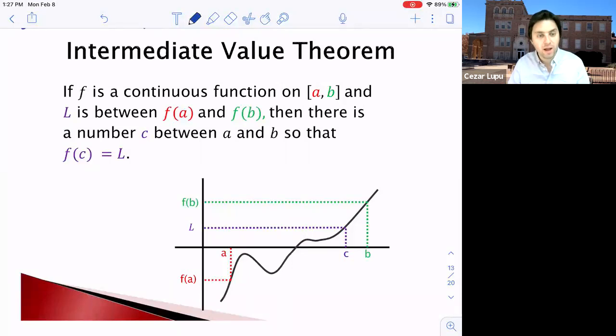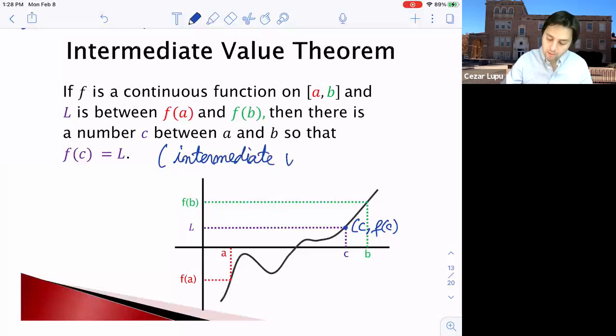Which will correspond to that value L, to f of c, such that f of c will be L. This is the point of coordinates c and f of c, and will correspond to a value L between f of a and f of b. This is what we call the intermediate value property. Let me write it this way. Intermediate value property. Or we abbreviate this by IVP.